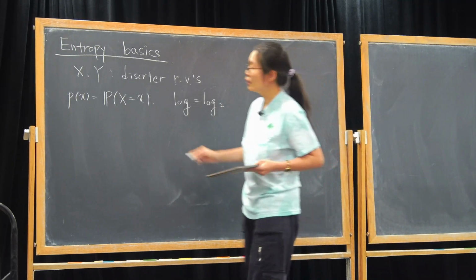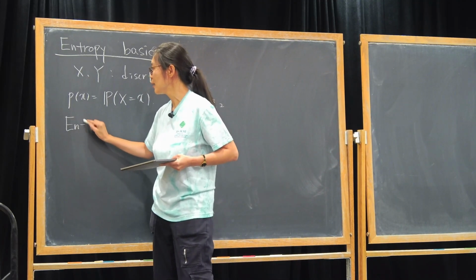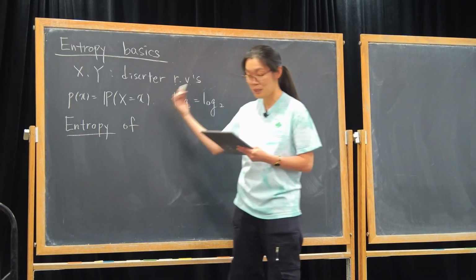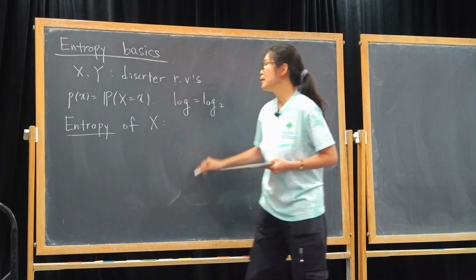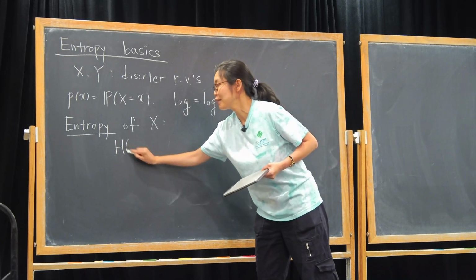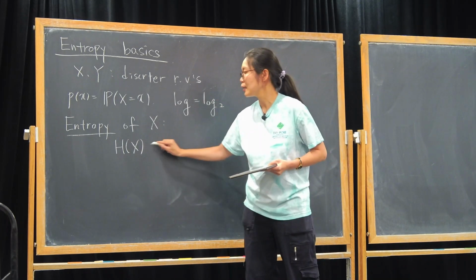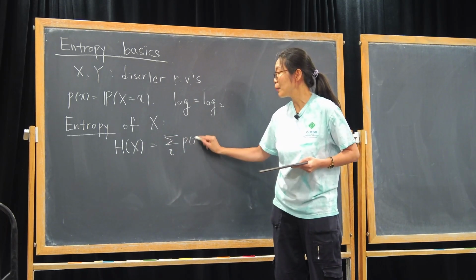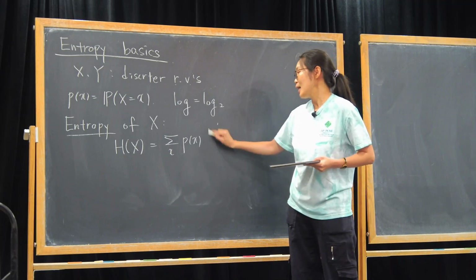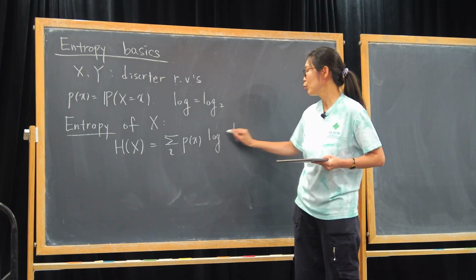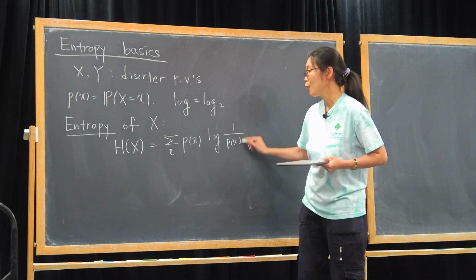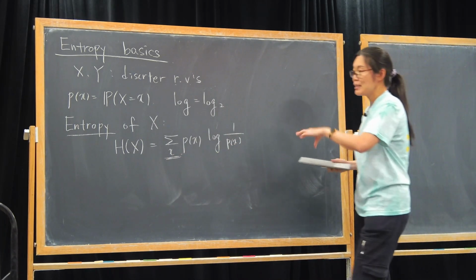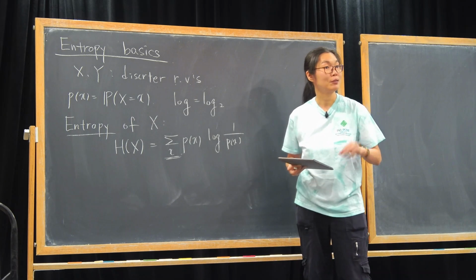Okay, and let me define the entropy of X. The entropy of a given discrete random variable X is defined to be H(X) equals the summation over all x of the probability of x times log of 1 over the probability of x, where this sum is taken over all of the x's in the support of X. Okay?